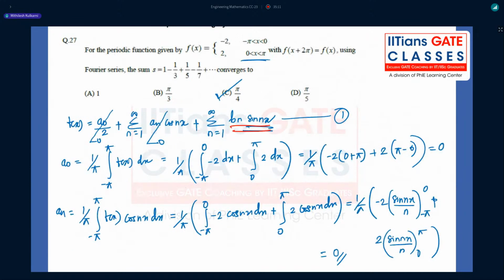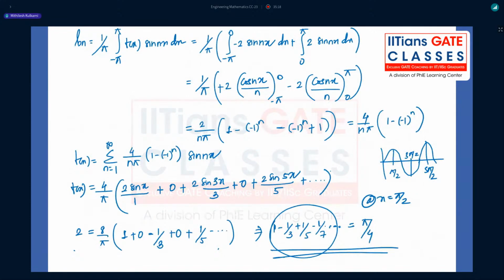And you can clearly see the same value of the series we are getting, 1 minus 1 by 3 plus 1 by 5 minus 1 by 7, right? I hope it is clear to you all. This is a bit lengthy question, but if you focus and try to understand it, you can clearly identify a naught is 0. So you can skip those steps and directly start working on the bn here, because looking into the limit and the functions are constant with the negative sign, you can imagine that they are going to cancel and you'll get 0.